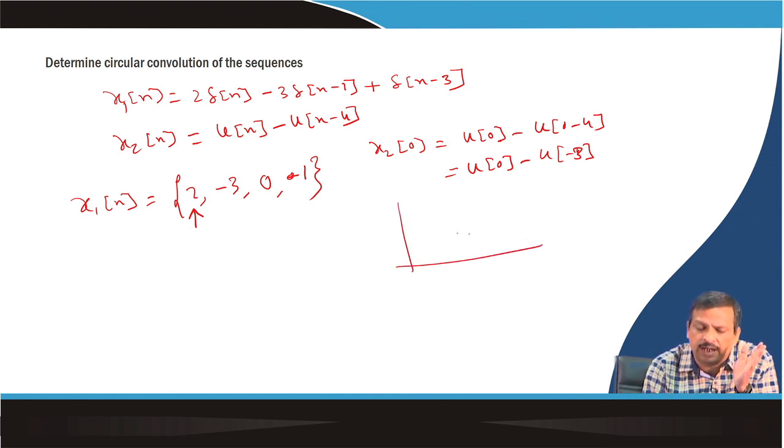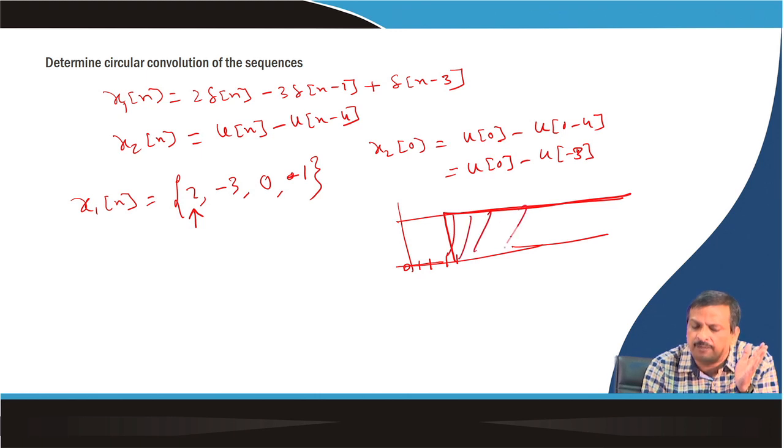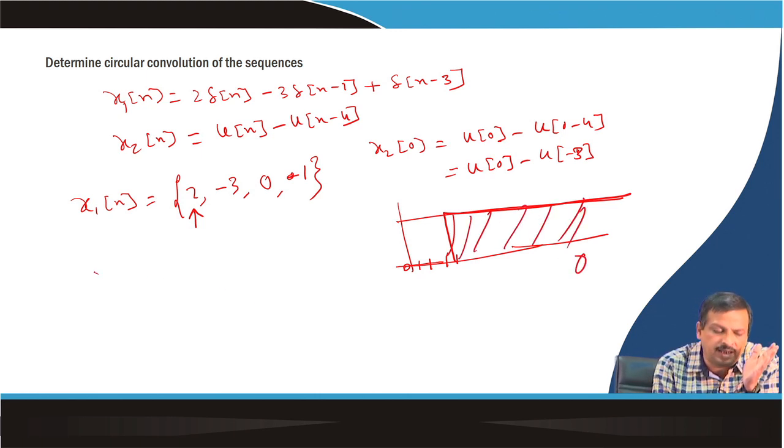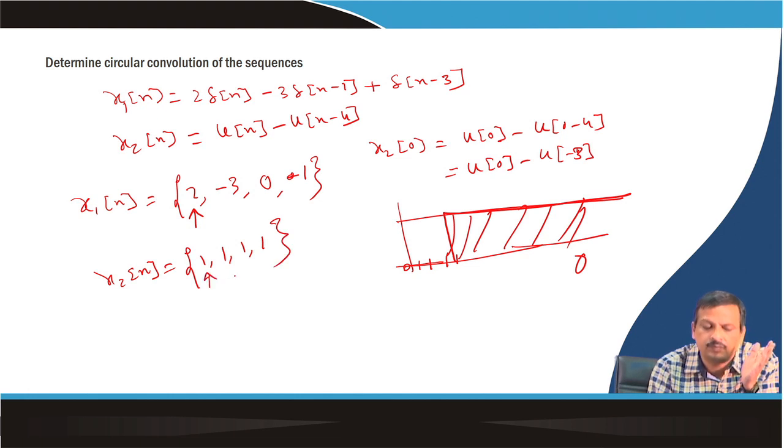So, un means all are there, and u n minus 4 means 0, 1, 2, 3, and at 4 there will be a 1. So, this is subtracted, and this part becomes 0. So, I can say x2 of n is nothing but 1, 1, 1, 1. Okay.